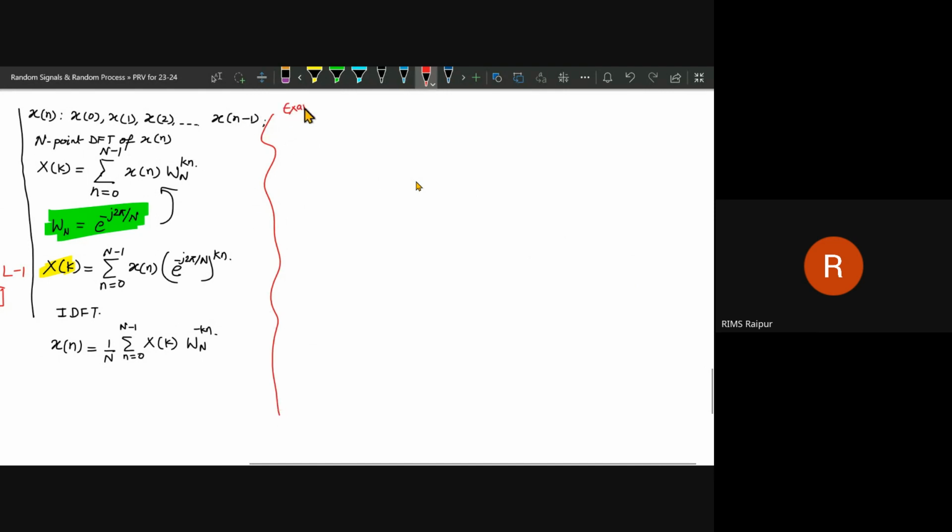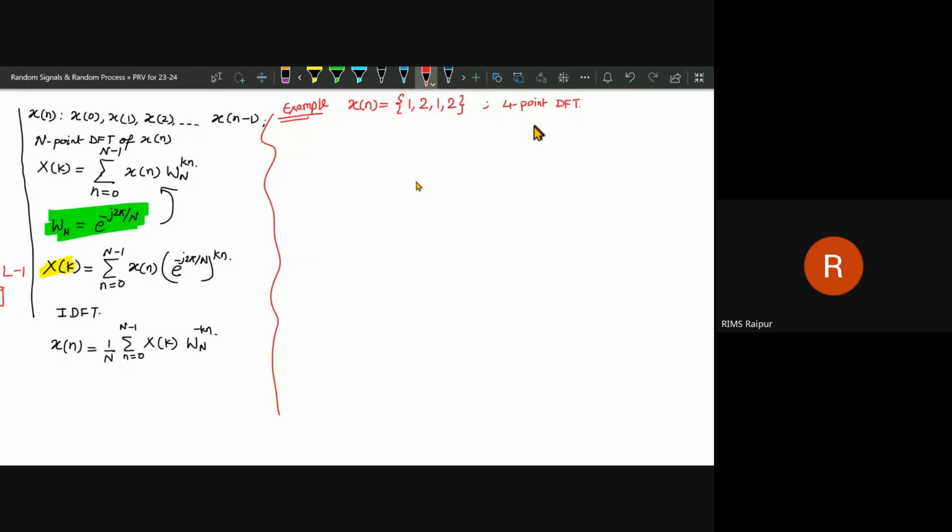So let us consider that a finite time sequence x of n is given by 1, 2, 1, 2. And we have to find the 4-point DFT of this input sequence.